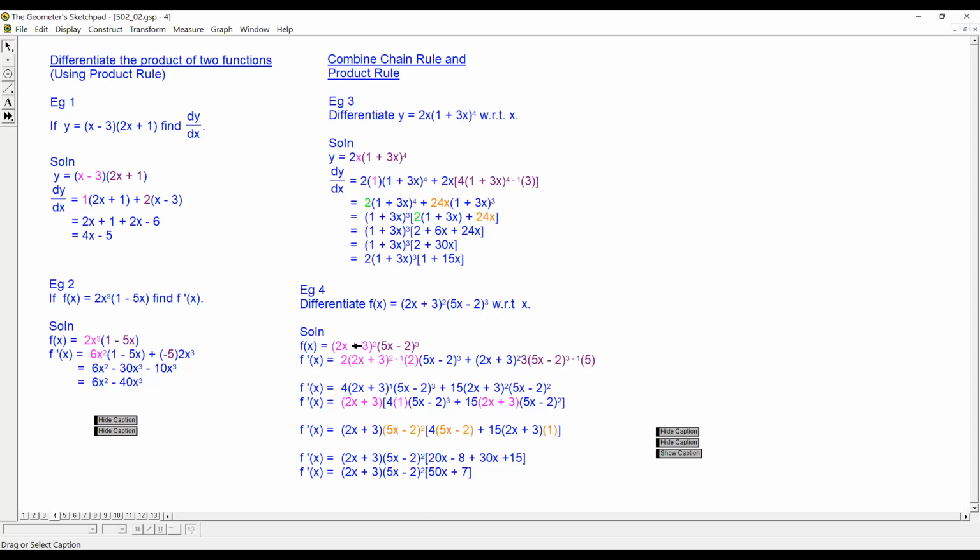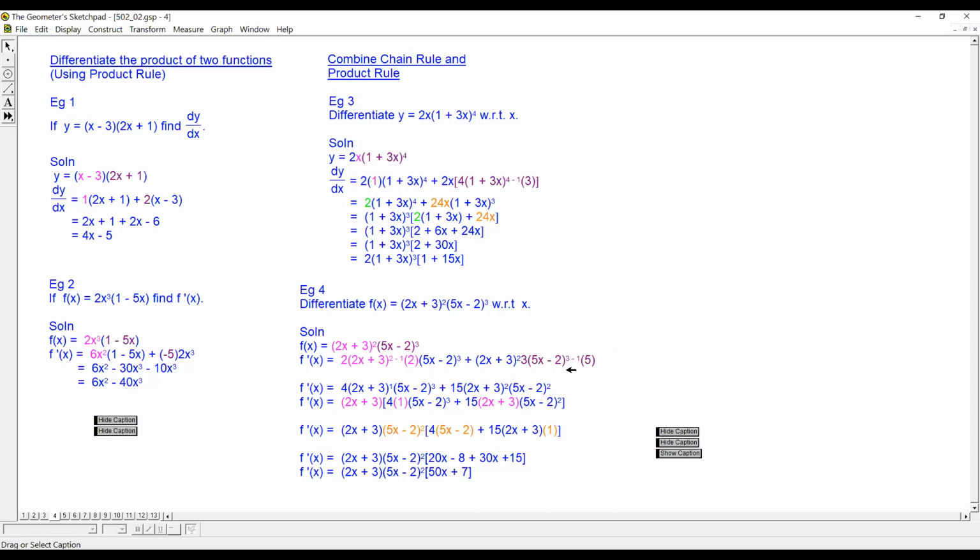Second time, this pink color, just now you already differentiated, now you don't differentiate. This one you just copy down. The purple color you differentiate. The purple color, bring down the 3, then copy down the bracket, everything same, 5x - 2, but the index less by 1, 3 minus 1.